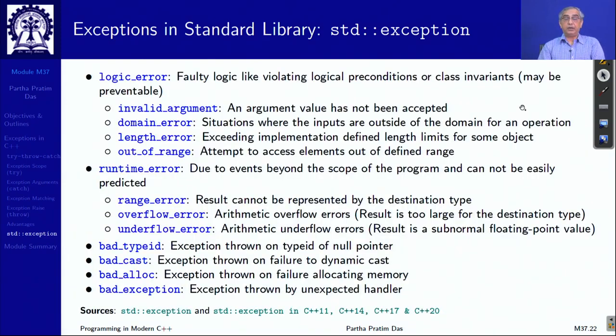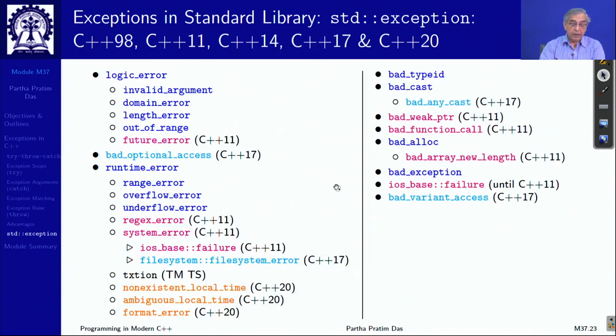So, this is what C++03 had, of which you just saw the simplified diagram. You have to really understand what these are and make use of them, because not in every case do you need to throw your own exception. The exceptions will be generated by the system and you just need to pass it on.